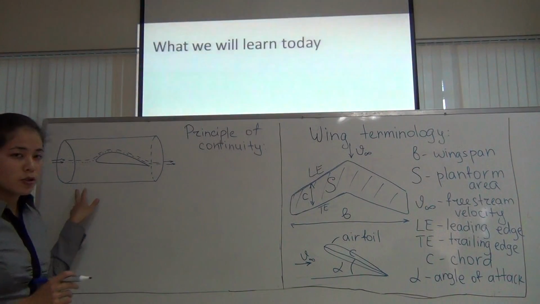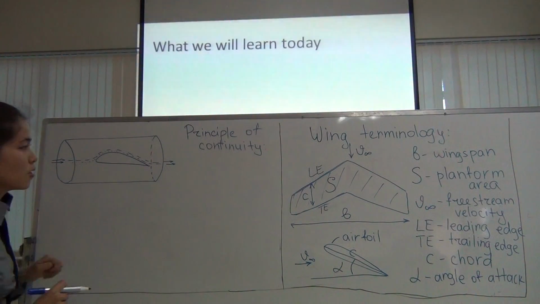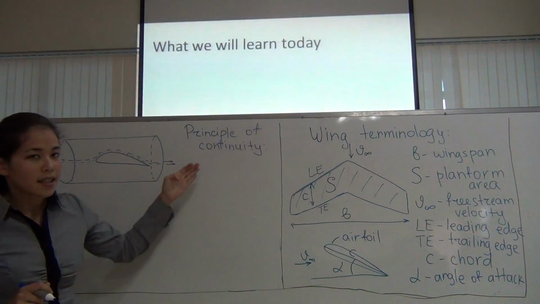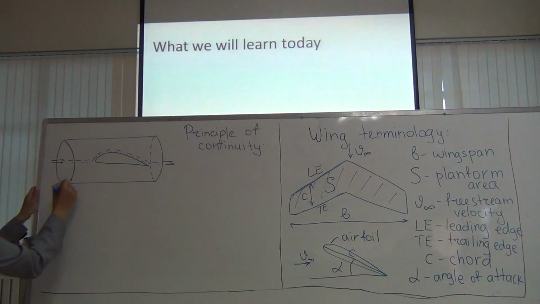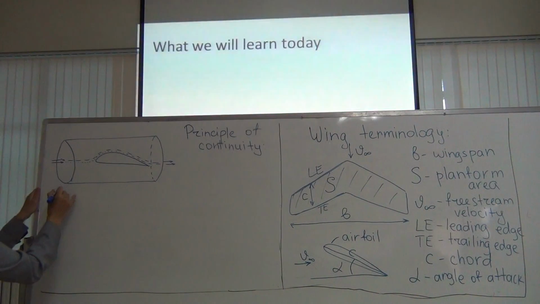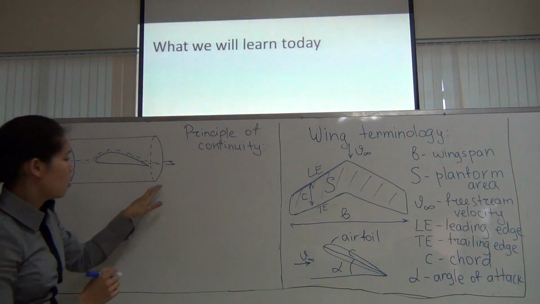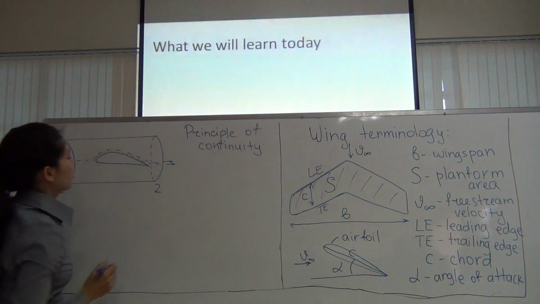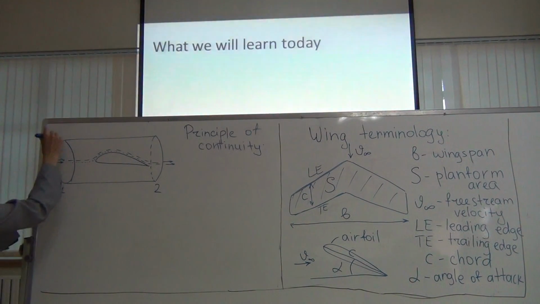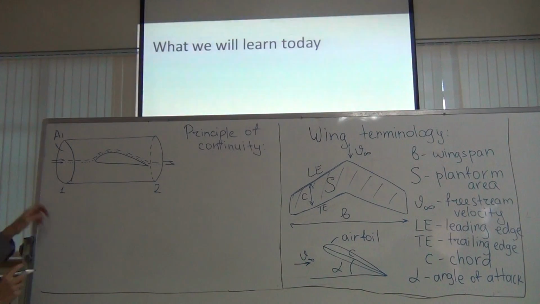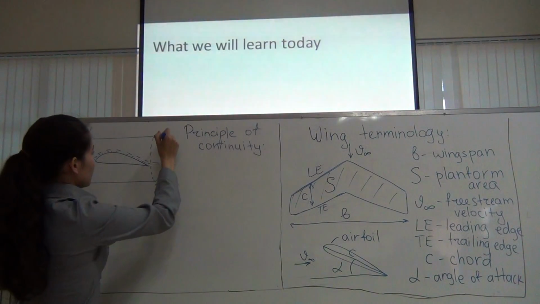Okay, let's introduce some numbers here so that we can mathematically write it down. So let's name the inlet as 1 and the outlet as 2. The area of the inlet will be A1 and the area of the outlet will be A2.